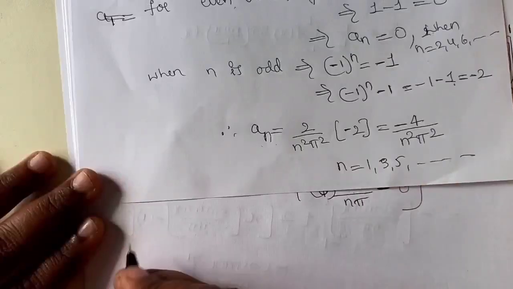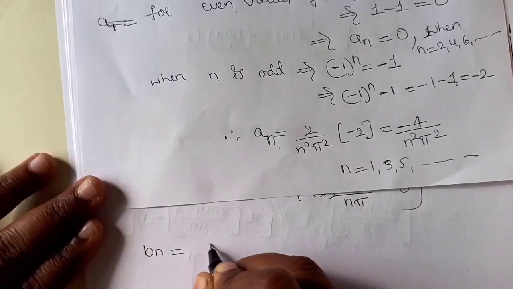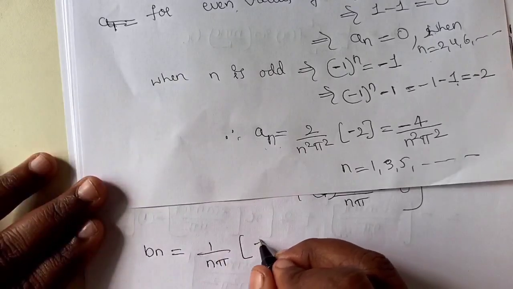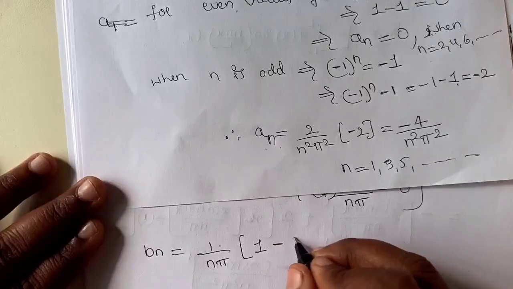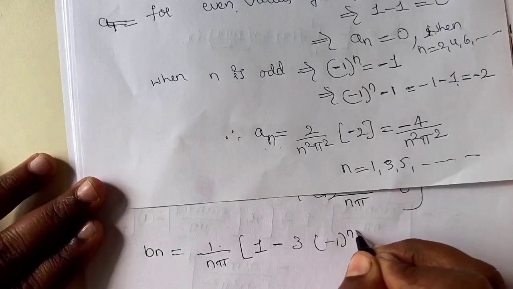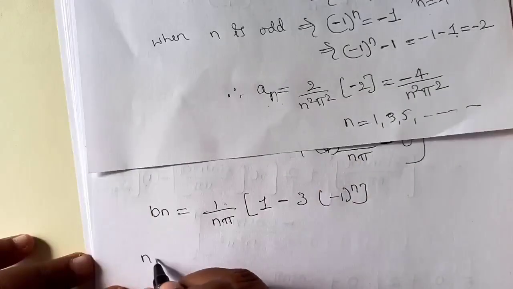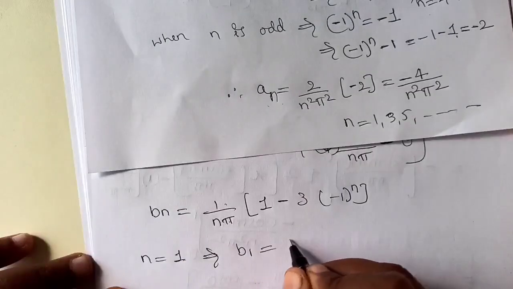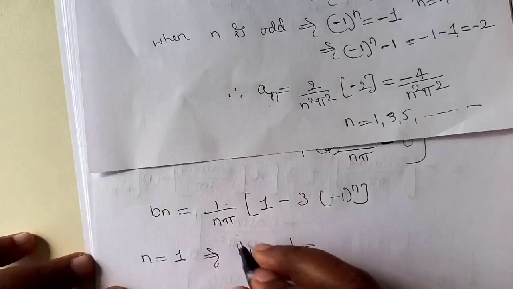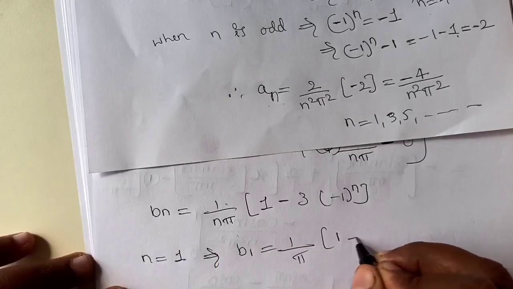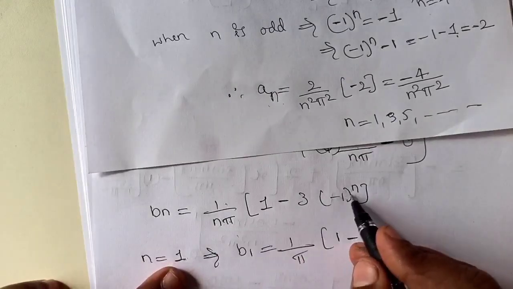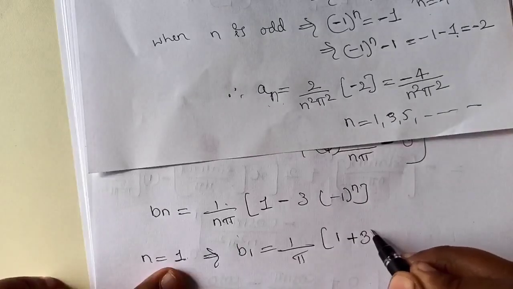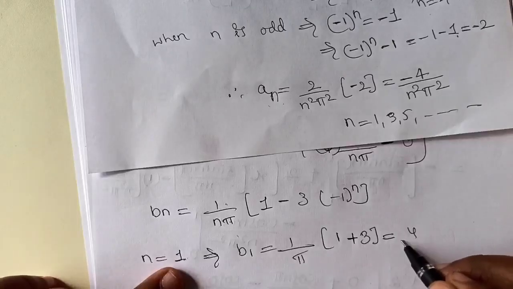So here Bn is given by 1 by n pi into 1 minus 3 into minus 1 power n. So when n equals 1, B1 value is 1 by pi into 1 minus, when n equals 1, this becomes minus 1. So minus into minus we get plus 3, which is 4 by pi.